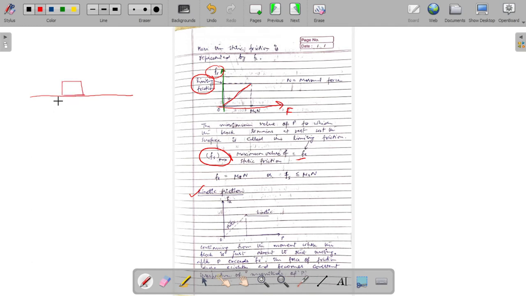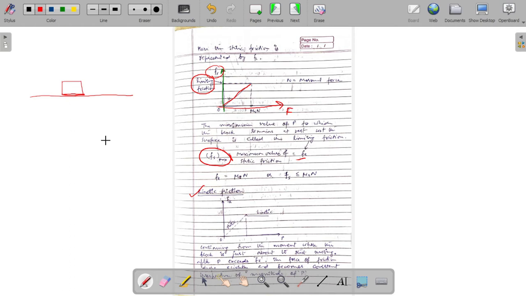That is, relative motion between the bottom surface of the block and the ground would happen. And since this relative motion is happening, the objective of friction is to prevent this relative motion from happening. So it either prevents the tendency of relative motion, which is the case of static friction, or it tries to prevent the relative motion but is unable to, which is the case of kinetic friction.